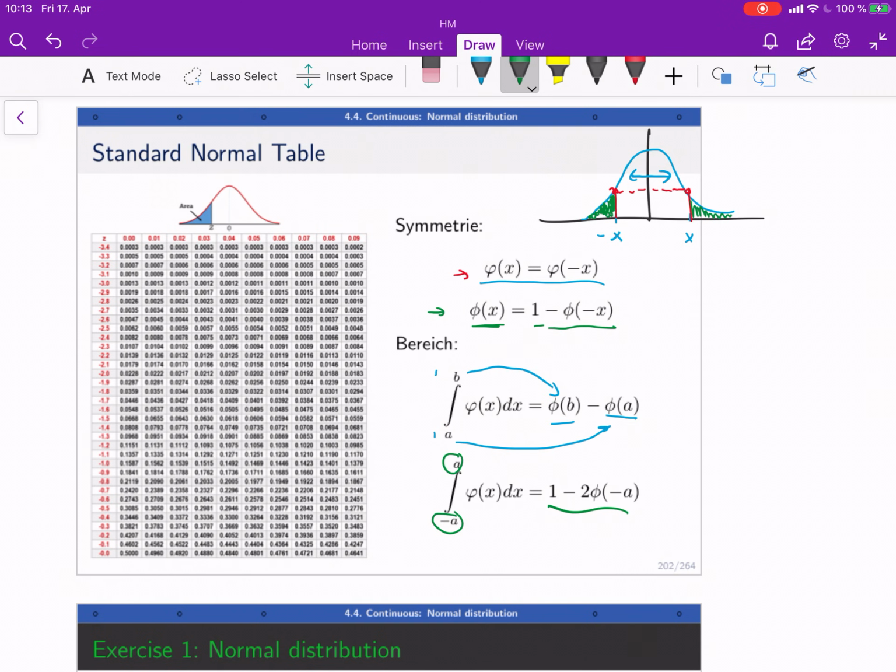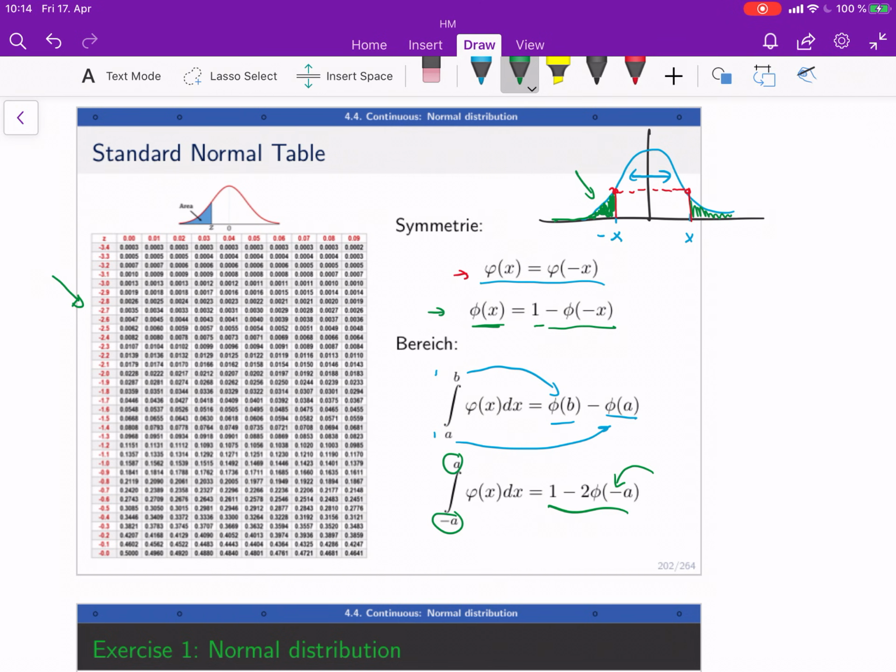The reason I want this minus a is that the table only has negative values. It doesn't need to be, the one with positive values exists as well, but I think the negative ones are more intuitive, because then we're on the left side, and phi of z is just this left tail down here. It's easy to imagine, easy to draw.